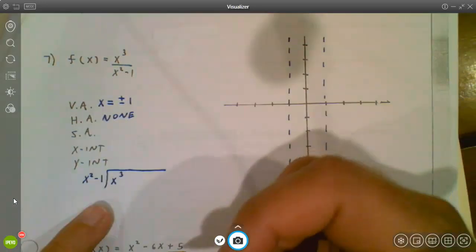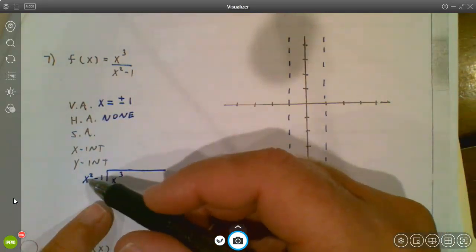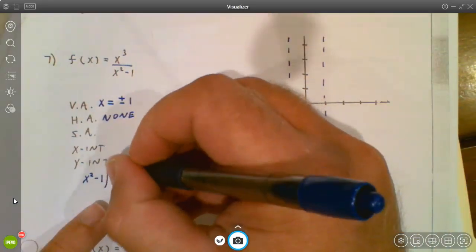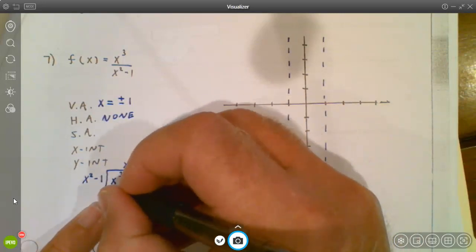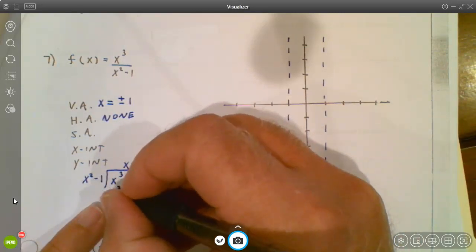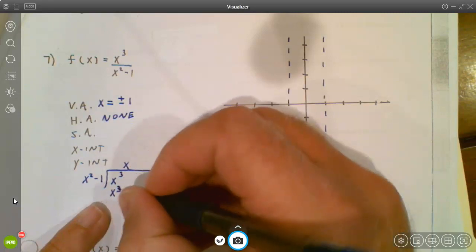Going through our long division process, what would you multiply times that to get that? It would be x. X times that gives me x to the third minus x.